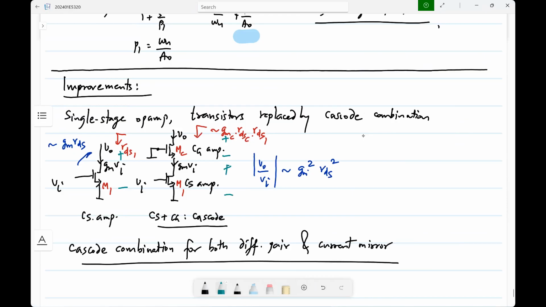Of course you can keep going. In earlier days when you had high supply voltages, it would be okay, but you can have what is known as a triple cascode.